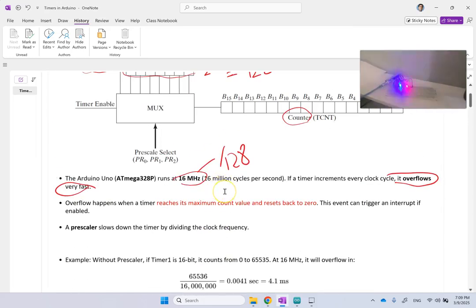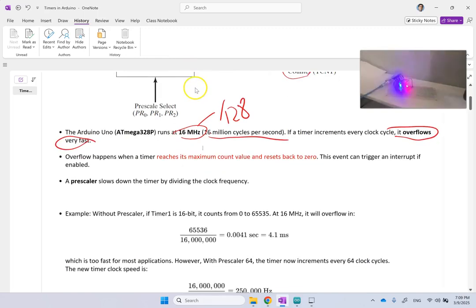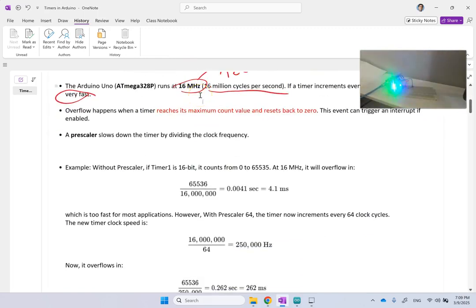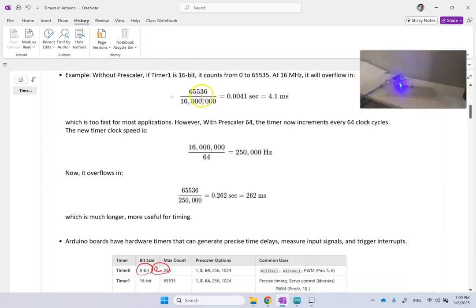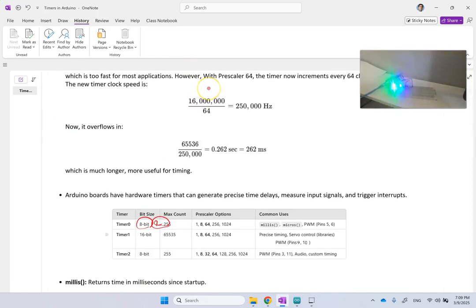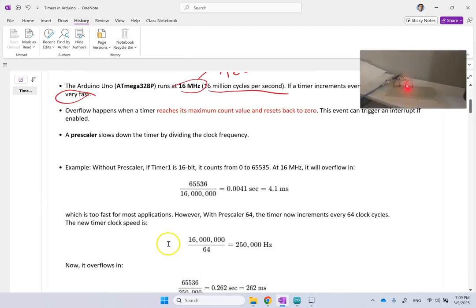If you're going at 16 million counts per second, of course, it is not going to take too long. Even timer number 1, which is the largest one, has 2 bytes or 16 bits, and it can count from 0 to 65,000. If you look at that, 65,000 counts over 16 megahertz takes only about 4 milliseconds.